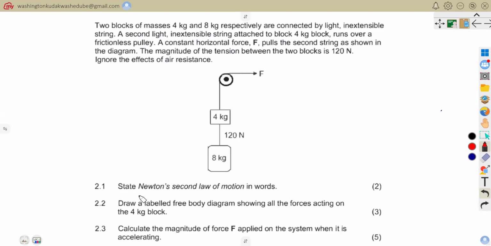Now, they are saying state Newton's second law of motion in words.